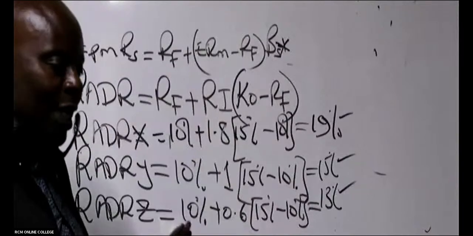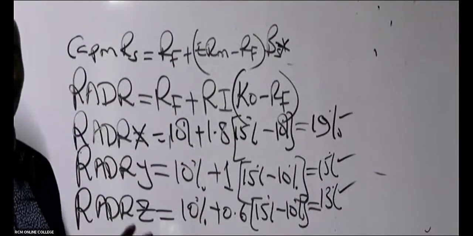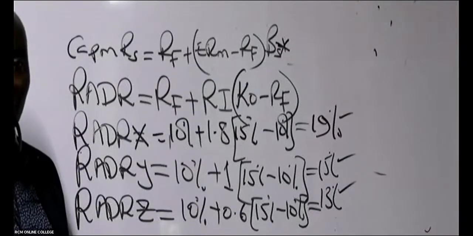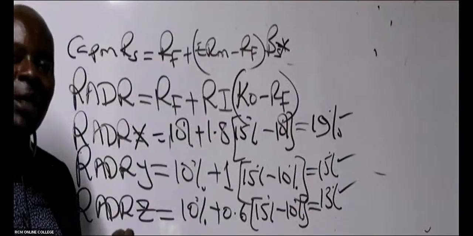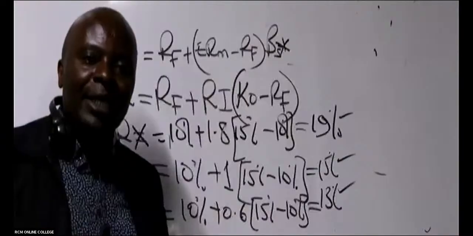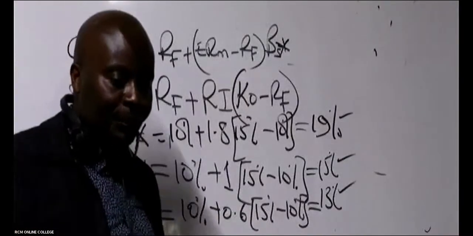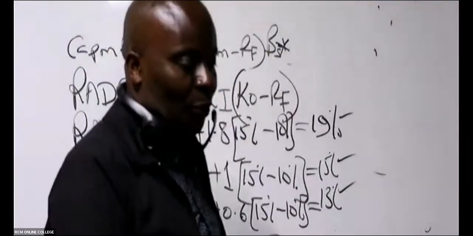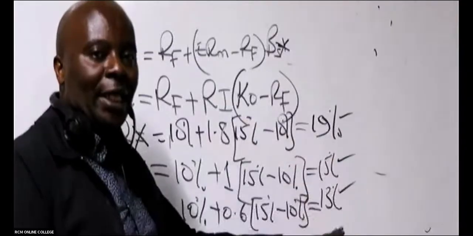Are we okay with RADRI computations? The examiner should not confuse you with beta and risk index. Remember, beta is used to measure systematic risk. Beta is the risk index for systematic risk. So automatically it means that our projects here have different risks.